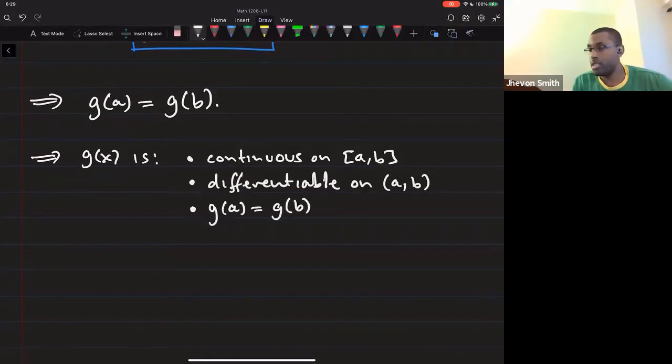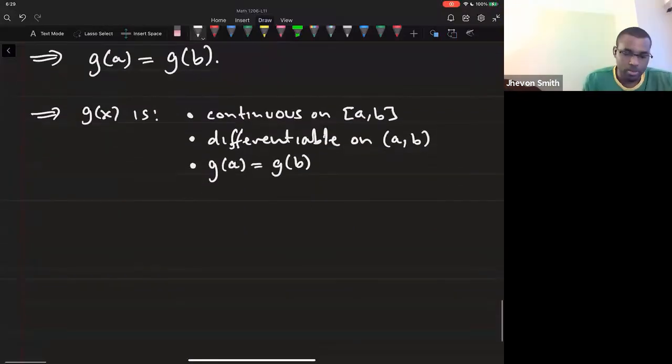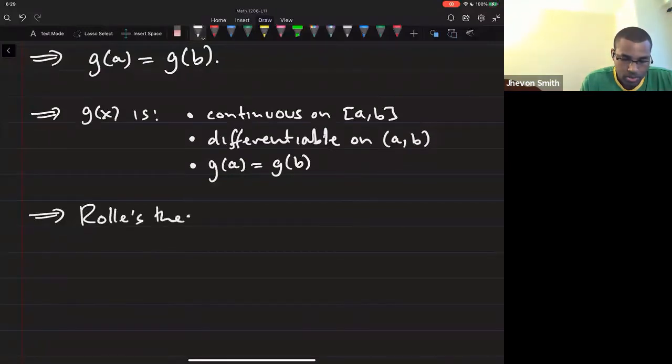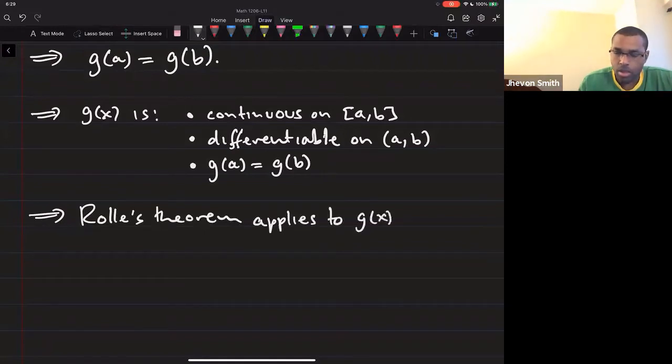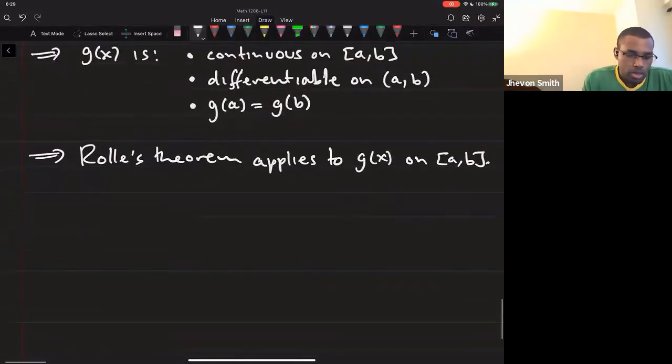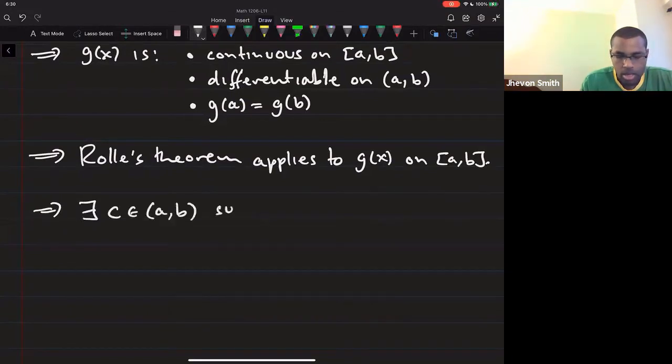Now, those three conditions are exactly the conditions we need for Rolle's theorem. So this means there exists a c in (a, b) such that g prime of c equals 0.